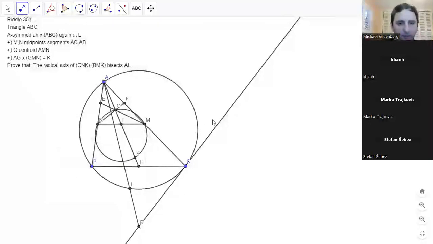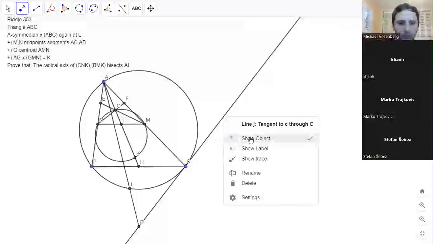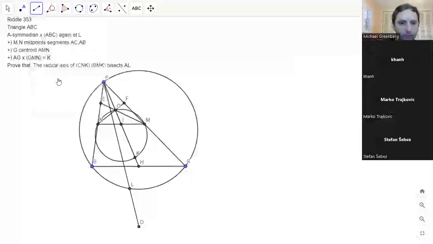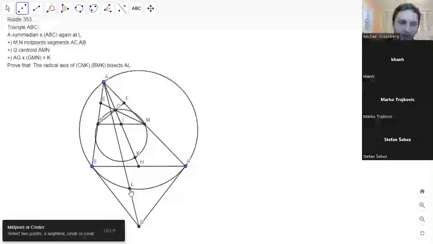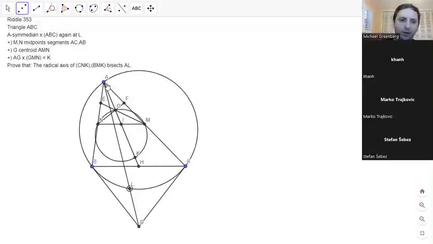All right. We should note that the midpoint of AL is the Dumpty point, and it has many properties. Okay. Yeah, it's the midpoint of the symmedian chord. So yeah, it's a Dumpty point. So we should probably draw the center of this.